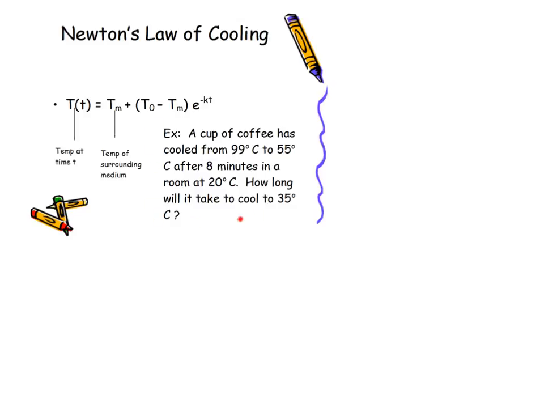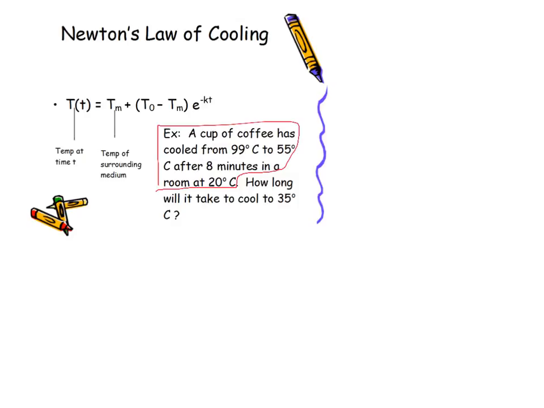The problem they're giving us here says that we have a coffee cup that has cooled from 99 to 55 degrees after 8 minutes in a room at 20 degrees. That information right there, they've pretty much told me everything. The problem is that I do not know what the K value for coffee is.